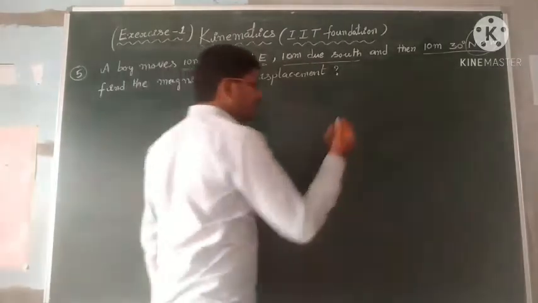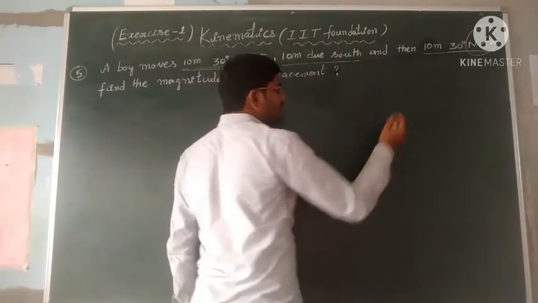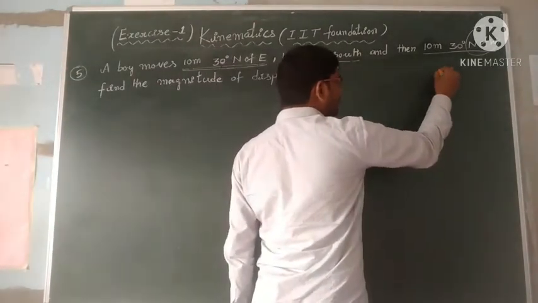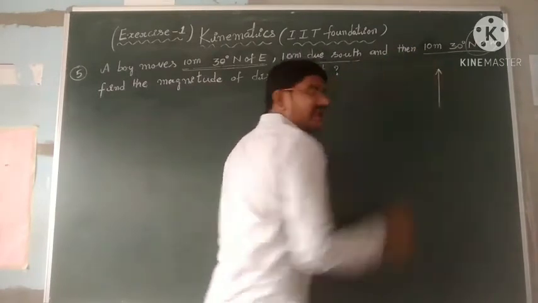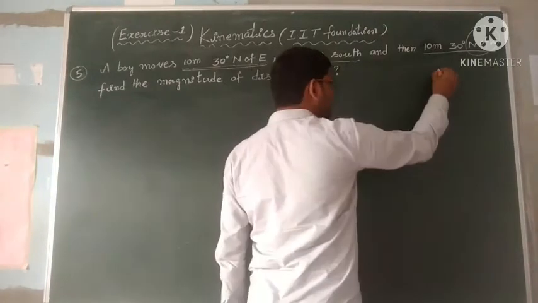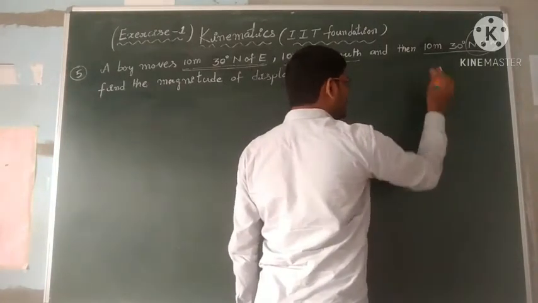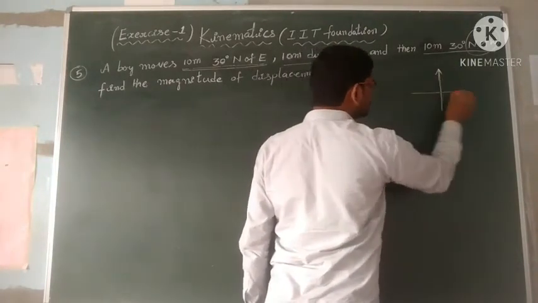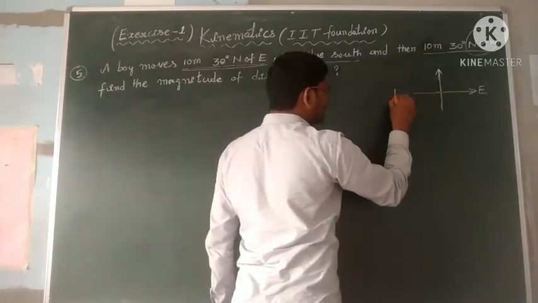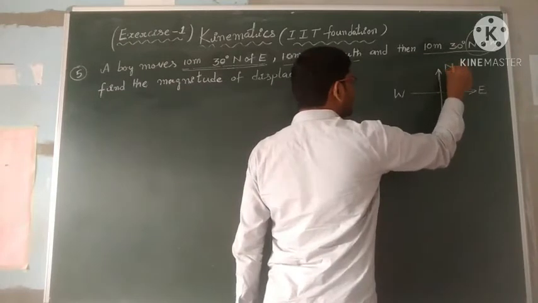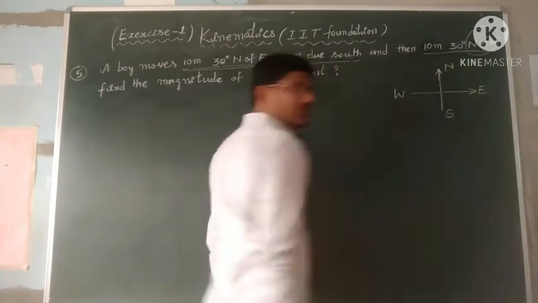And now we know the geographic directions, my dear students. We know them from the directions class video. In the directions class video we have seen the directions. So now for this purpose, take this as east, west, north, south.